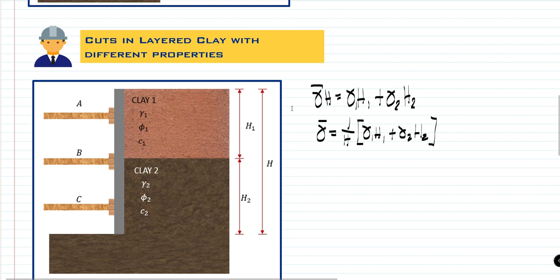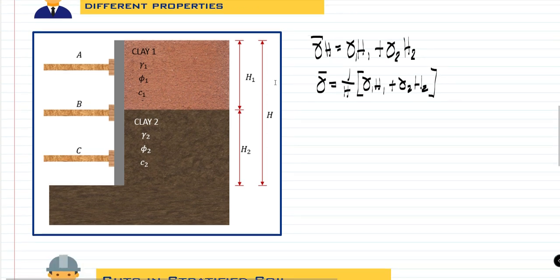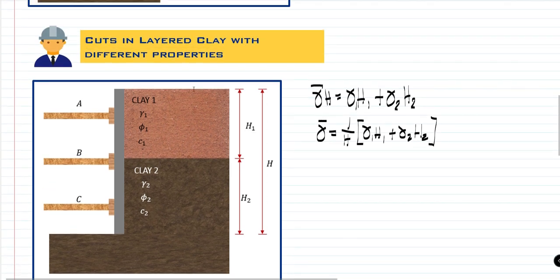So, ngayon, ang isa pang required kasi natin to determine the pressure and the strut loads is yung C bar. C bar stands for yung cohesion or the modified cohesion nung dalawang clay. So, to get this one, syempre, same principle, Varignon's theorem din.